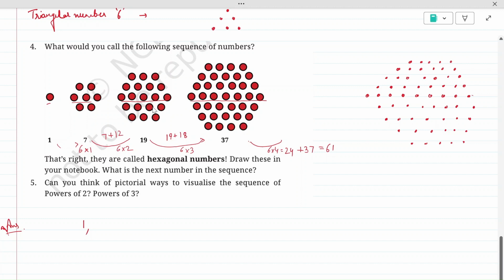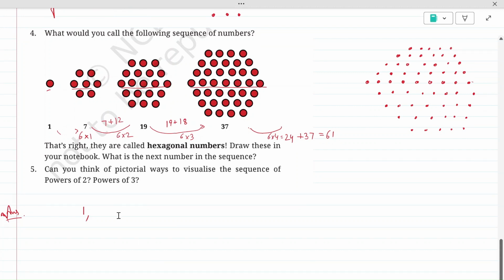So these numbers are called hexagonal numbers, where the first number is 1 and the next number is a multiple of 6. So we are adding one hexagon in every sequence. Next I'm just writing the series here, and the diagram you can see from here. 1, 7, 19, 37, and then 61.